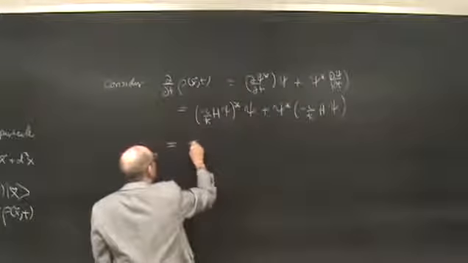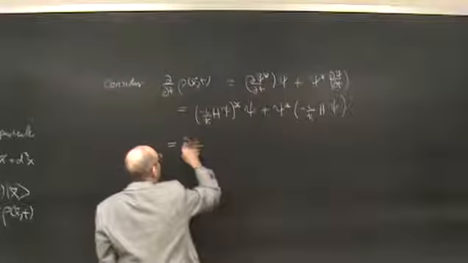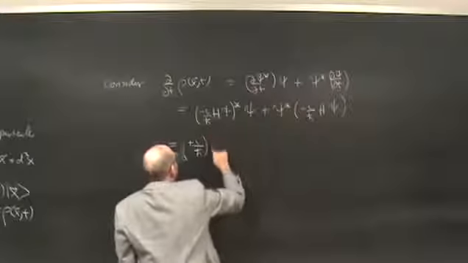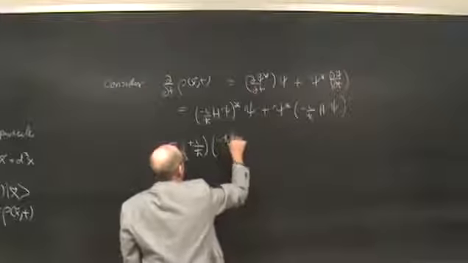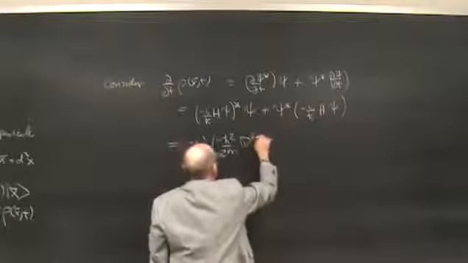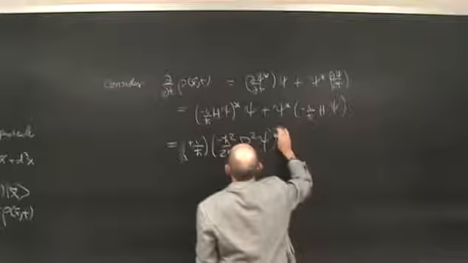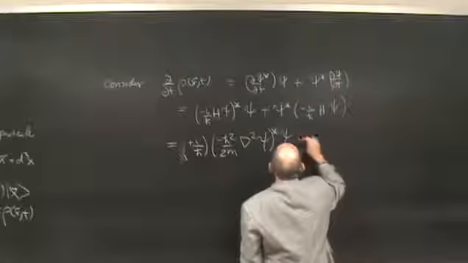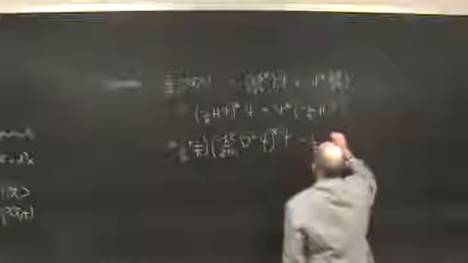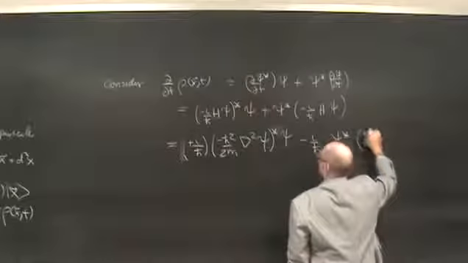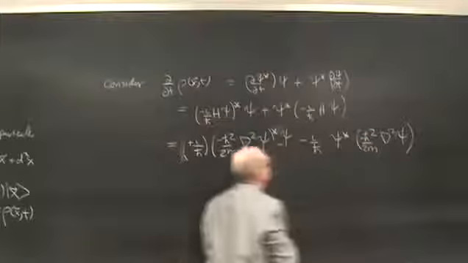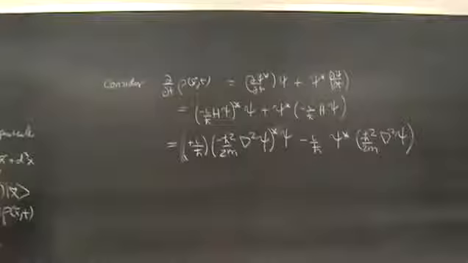So all I'm left with here then is i over h bar times minus h bar squared over 2m Laplacian star psi, minus i over h bar psi star, minus h bar squared over 2m Laplacian psi. Okay, the term with the potential cancels out.